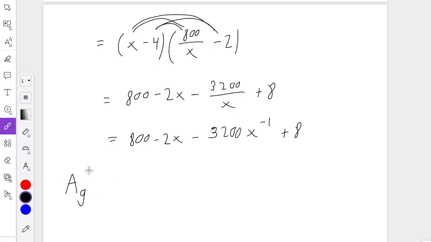But it doesn't matter, because when I take the derivative, A G prime, in literally the next step right now, the 800 and the 8 just disappear. They're constants. It doesn't matter. And the derivative is just going to be negative 2 minus, it's actually a double negative because you bring the negative 1 out in front, so it is plus now, 3200x to the negative 2nd power. And that I'm going to set equal to 0.